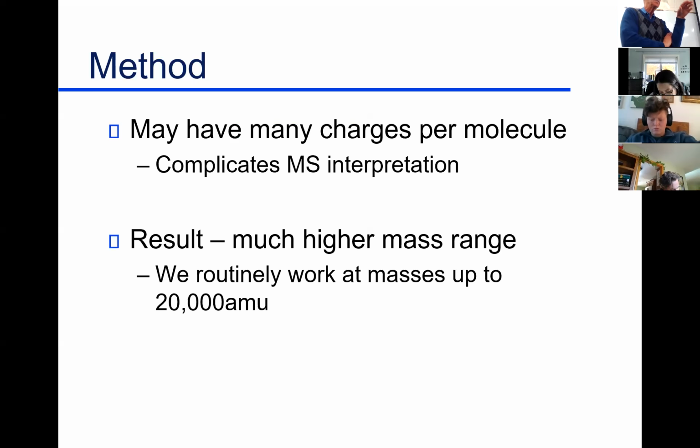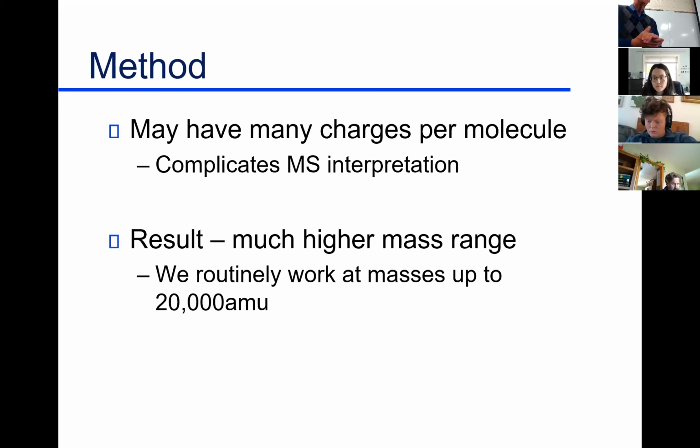This may put 1, 2, 3, 4, 5, 10, 15 charges on it. So when you start separating fragments, you've got really a mess to try and straighten out. It isn't one fragment with one charge. I've got one fragment with many, many different charges, and that really complicates it. So interpretation gets to be much, much more of a challenge.